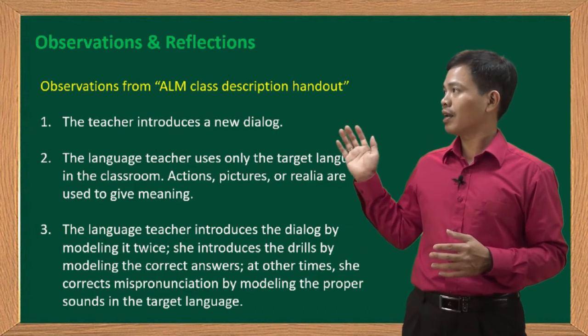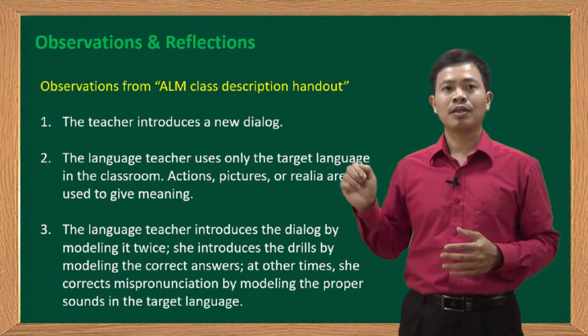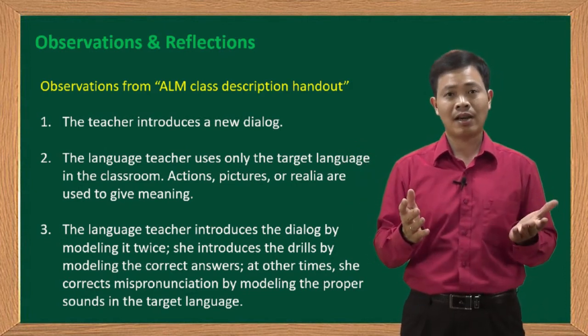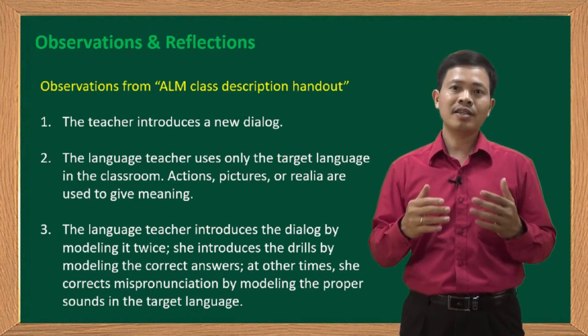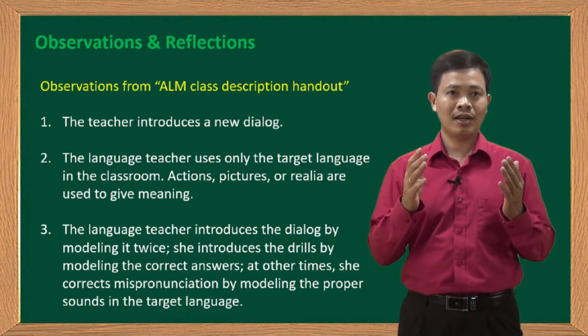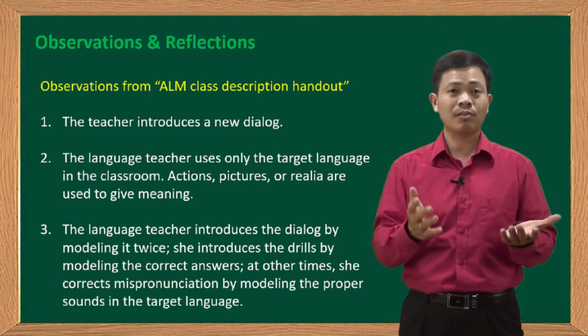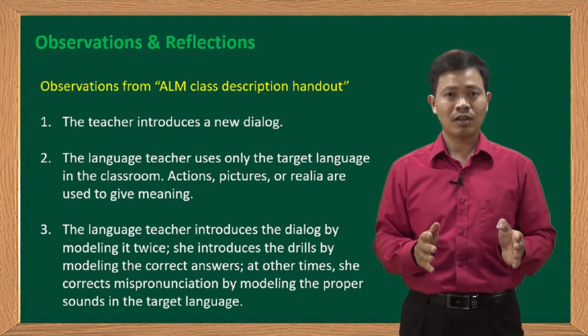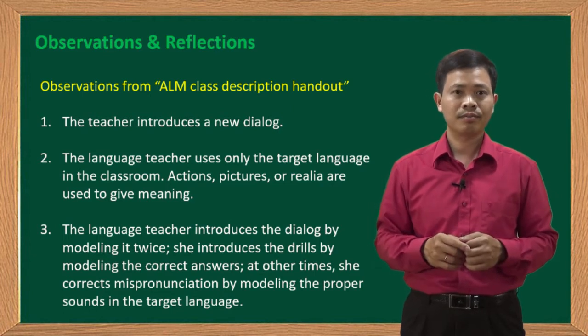Okay, now let's return to the ALM class description handout. These are the things that I need your attention. By the way, the handout is available on the website, and you can also get it from your textbook.